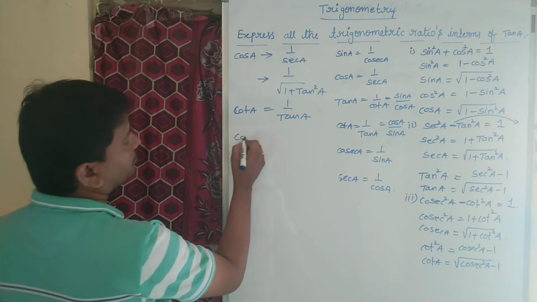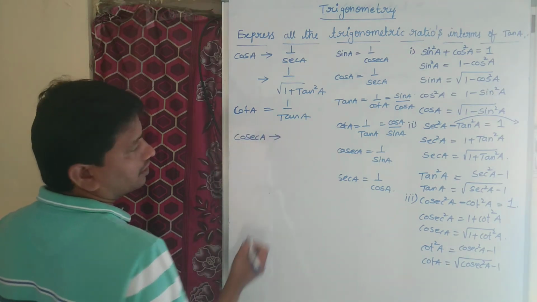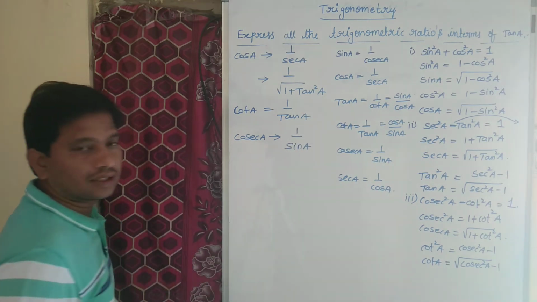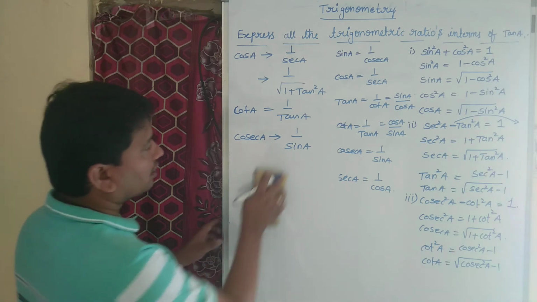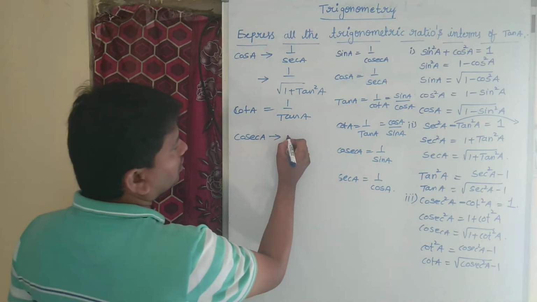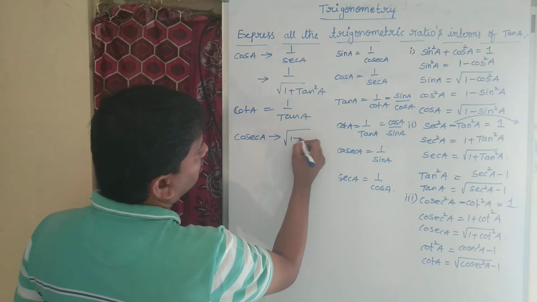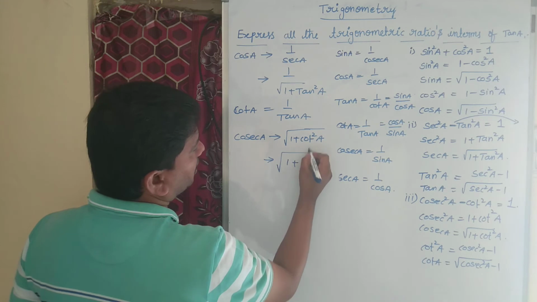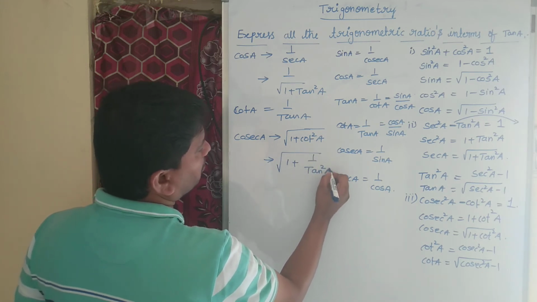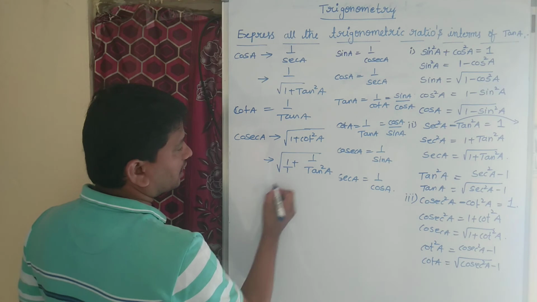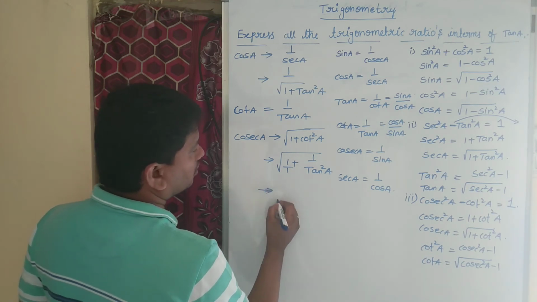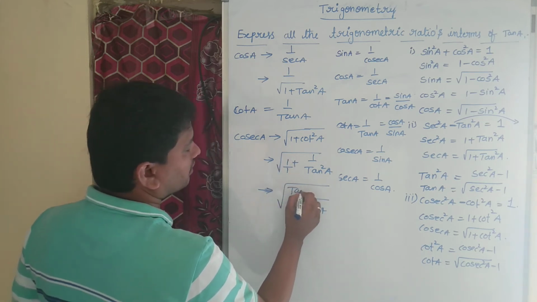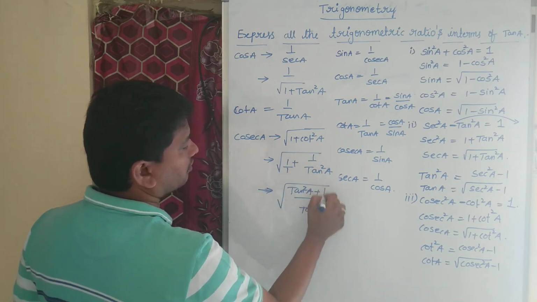Now coming to cosec A, it is nothing but 1 by sin A, or else cosec A is nothing but root over 1 plus cot square A. Root over 1 plus cot square A I can write as 1 by tan square A, LCM is tan square A, into 1 tan square A plus 1.